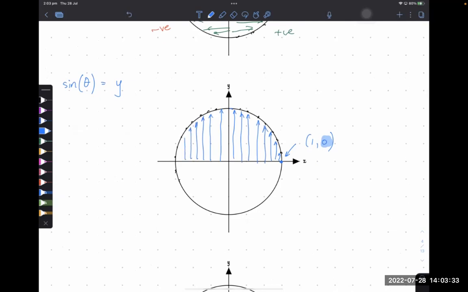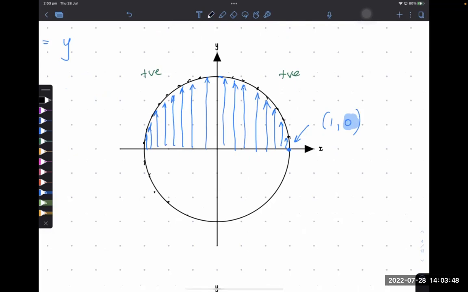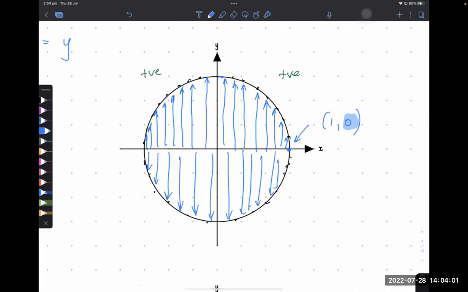So in the first 2 quadrants it's positive, from here to here, and in this section as well. But if we continue all the way around, we start going down now, so these values here are negative.